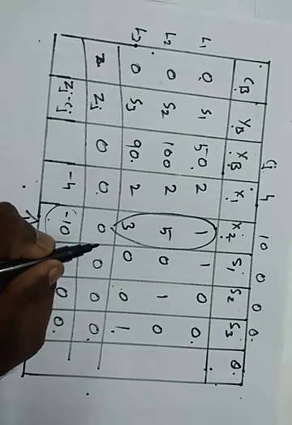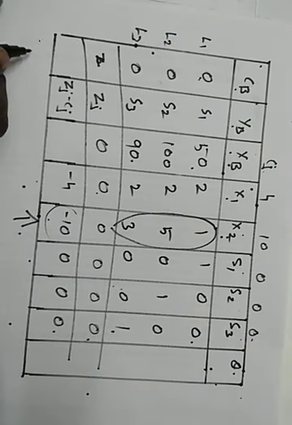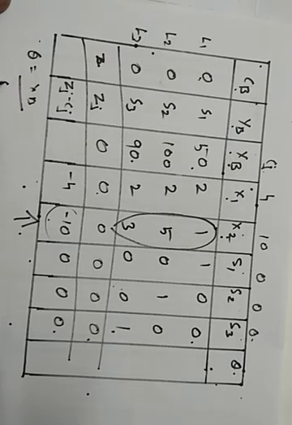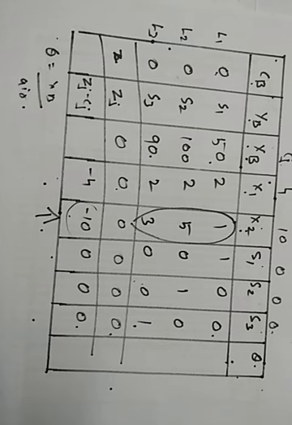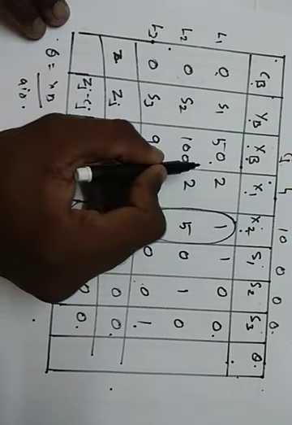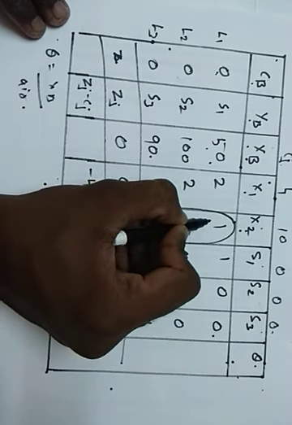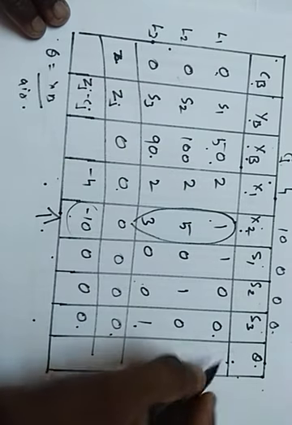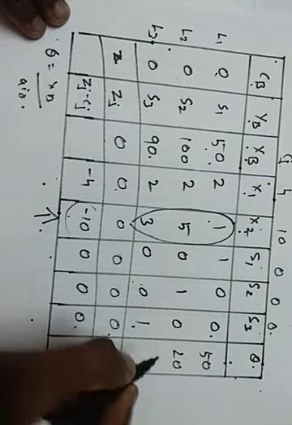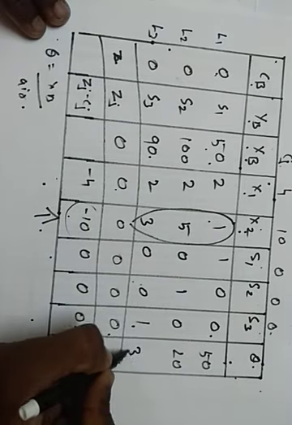And to calculate theta, I have already said that theta equal to xb by AIR. That is, divide this by this. So 50 divided by 1 is 50, and 100 divided by 5 is 20, and 90 divided by 3 is 30.